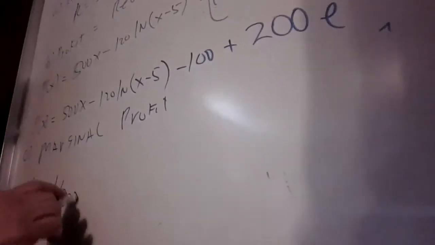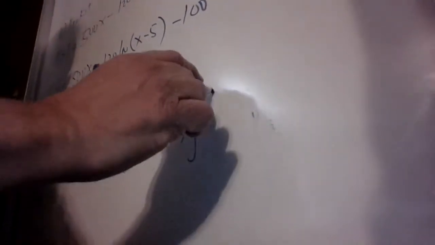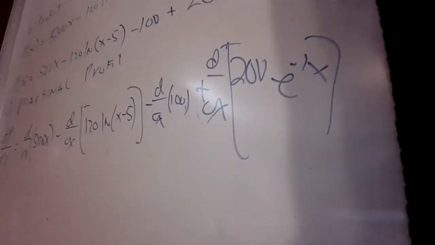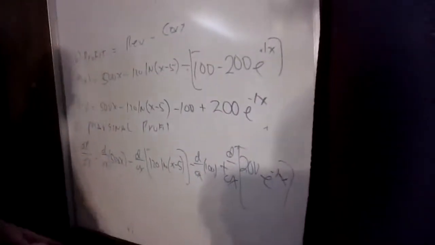That's going to be d dx of 500x, I'm going to do each one separately here, minus d dx of 120 log x minus 5, minus d dx of 100, plus d dx of 200 e to the 0.1x. Now let's take each one individually to see what the derivative is. First one's easy. It's just 500.